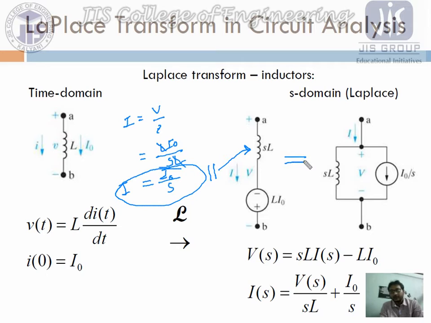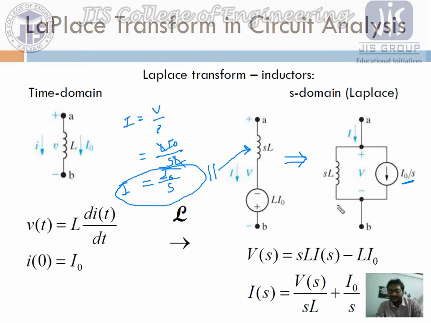So if we transfer it, what will be the source direction? As the positive direction is downwards, the current source has its direction downwards. So this I0 divided by S amount of current is downwards, and similarly the same impedance, L into S, is connected in parallel with that current source, over here.